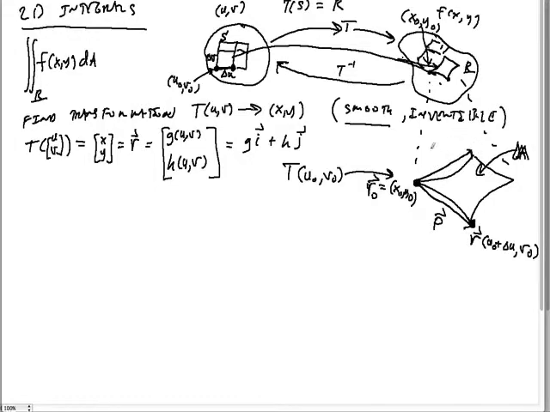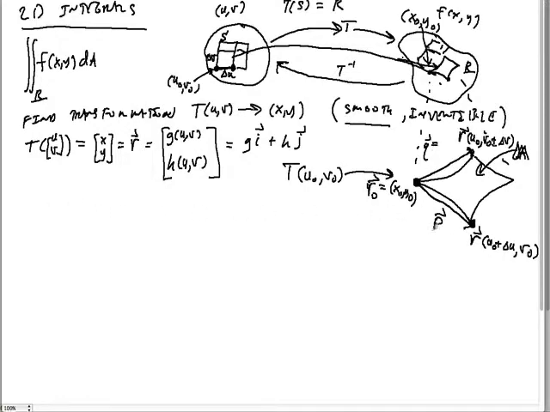We have a q vector that's going to start at this point here at r0 and end at a point r(u0, v0 + delta v). Okay? All right. So I want to know how do we get q.